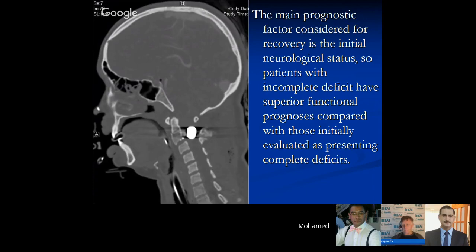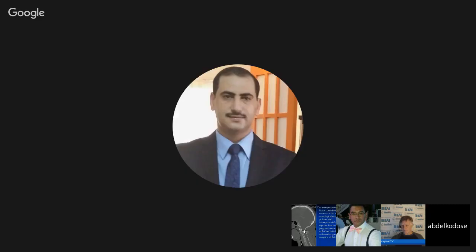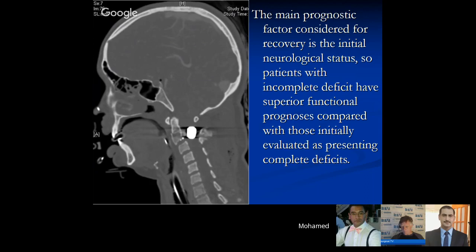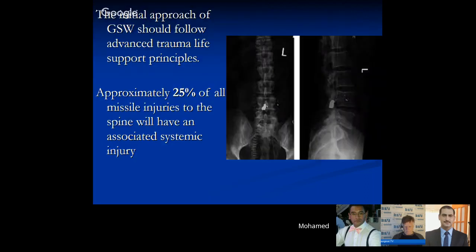The main prognostic factor considered for recovery is the initial neurological manifestation, and so the patient with incomplete deficit has a superior functional prognosis compared to that presented with complete spinal injury.